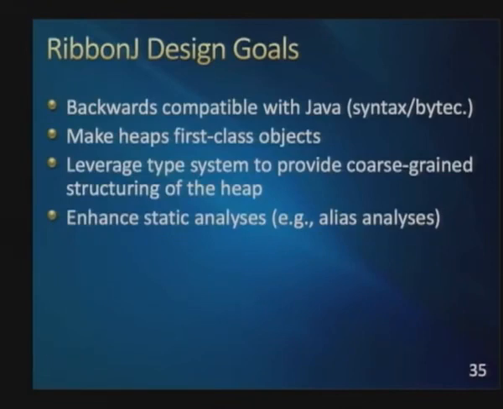And we also want to be able to provide enough structure to enhance static analyses, for example, alias analyses: given this particular object and these two threads, which variables could actually point to the same object in the heap? Are they aliases to each other?